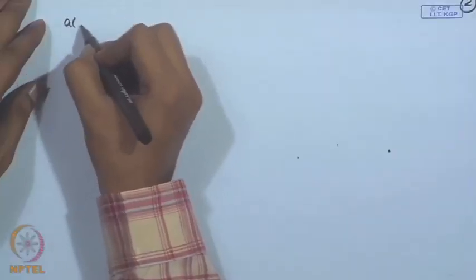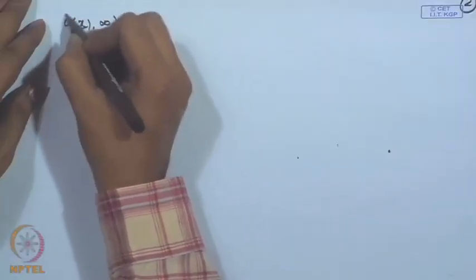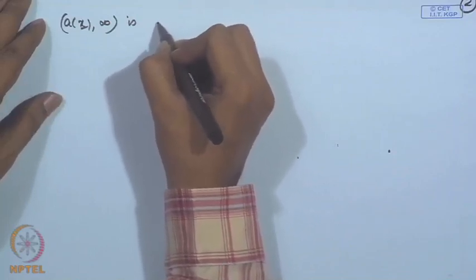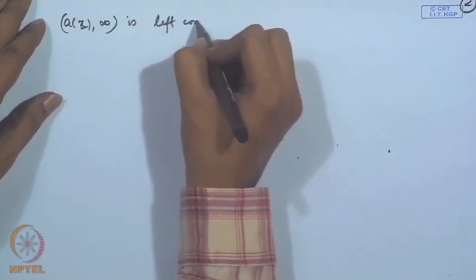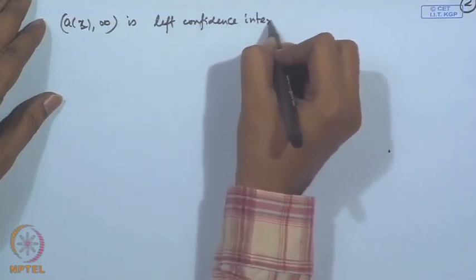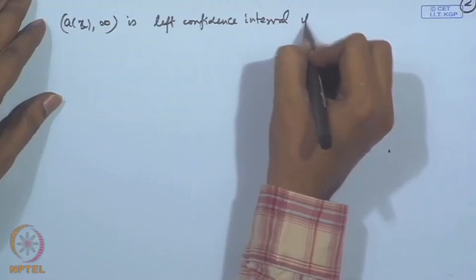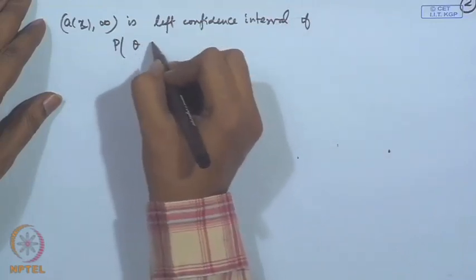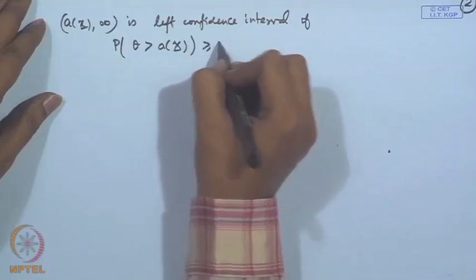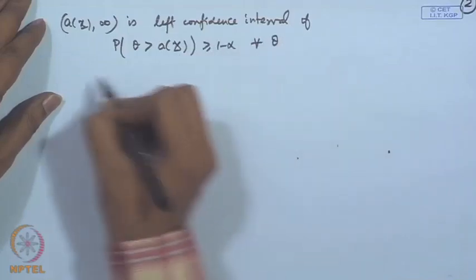So, A x to infinity is, you can say, a left confidence interval if probability of theta greater than A x is greater than or equal to 1 minus alpha.